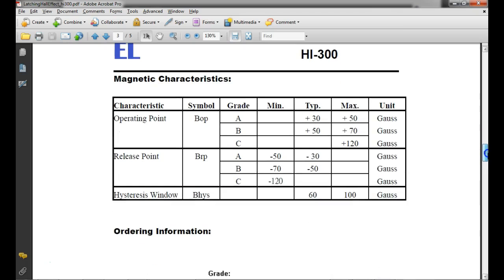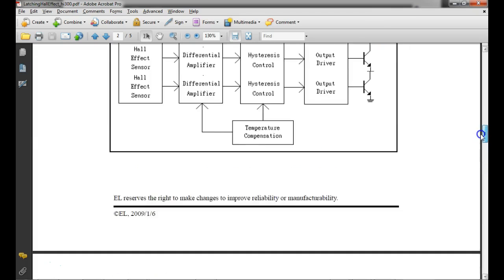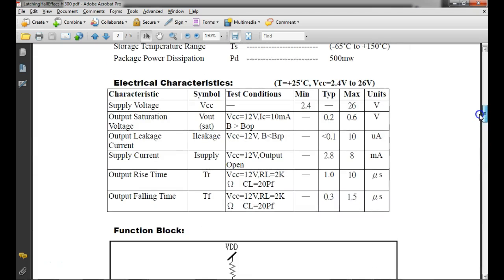So here's my electrical characteristics right here. So here it says my output can handle what? Supply current, current. I don't see it in there.